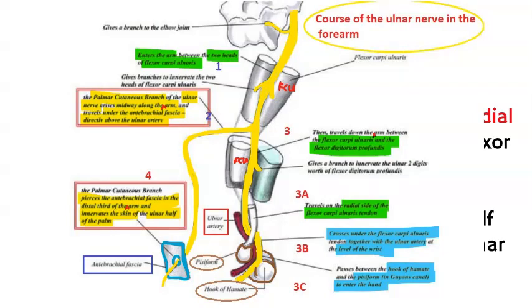Then later, coming down, it also gives the palmar cutaneous branch of the ulnar nerve midway along the forearm and travels under the antebrachial fascia directly above the ulnar artery. This palmar cutaneous branch will pierce the antebrachial fascia in the distal third of the forearm and innervates the skin on the ulnar half of the palm.